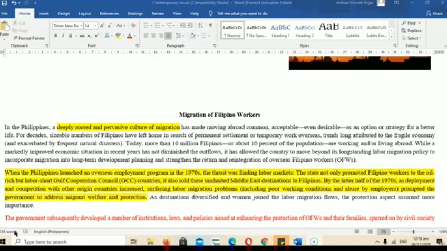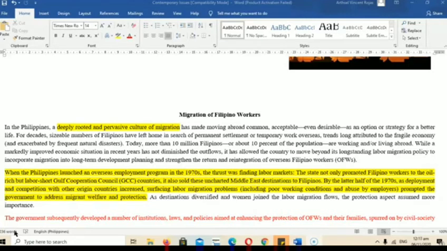So by the latter half of the 1970s, as deployment and competition with other origin countries increased, we were facing labor migration problems, including poor working conditions and abuse by employers, which prompted the government to address migrant welfare and protection.